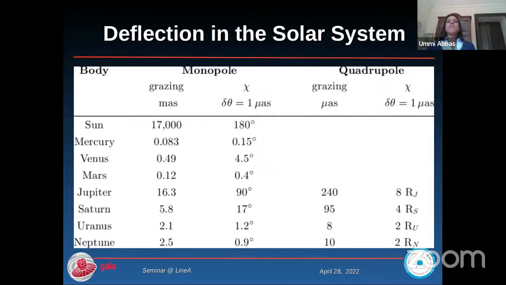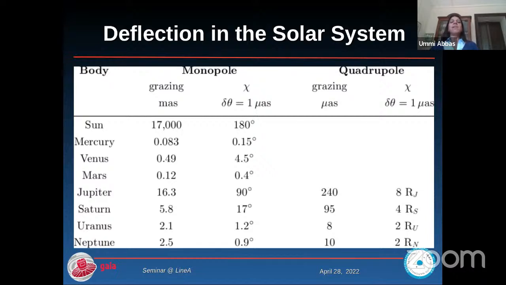The quadrupole is essentially expected from bodies that are oblate. The ones that are purely spherical have only the monopole deflection effect. Instead, Jupiter, Saturn, Uranus, and Neptune, which are slightly oblate, also have this quadrupole deflection, a higher order term in the relativistic deflection effect.